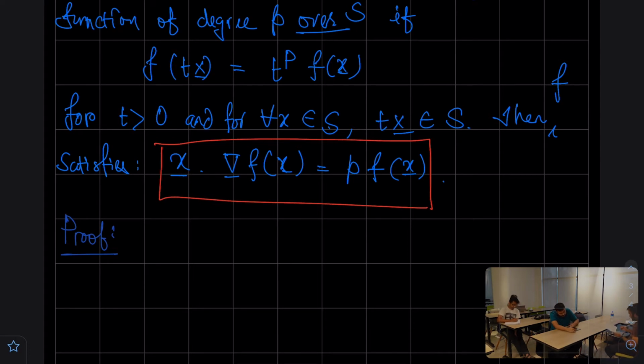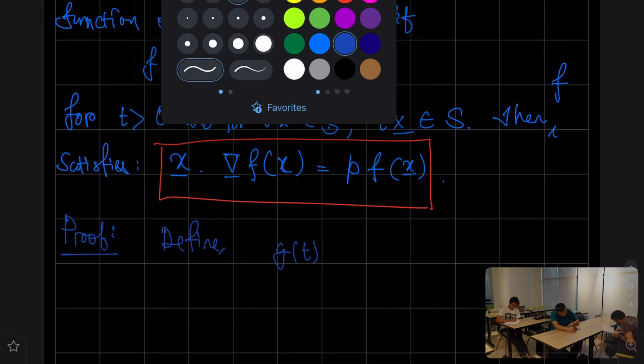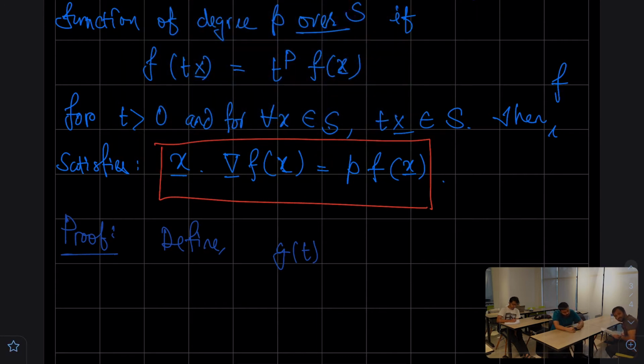So define a function g of t to be f of tx.